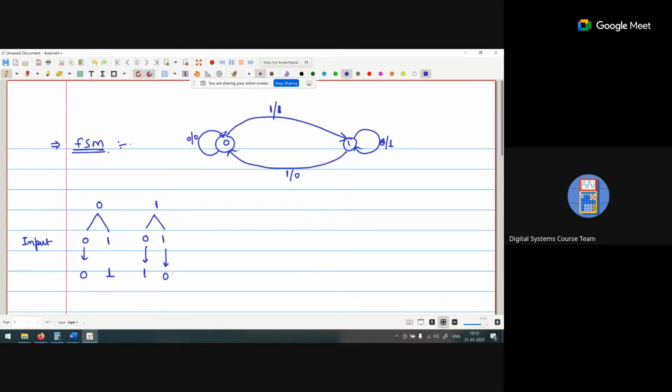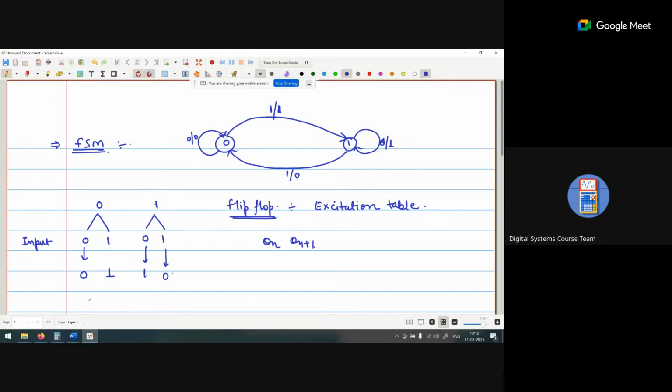Now we have to design this with the help of flip flop. When we design the FSM with the flip flop, there are particular tables we discuss: truth table, state table, and then excitation table, where we define what is Qn and what is Qn plus 1.